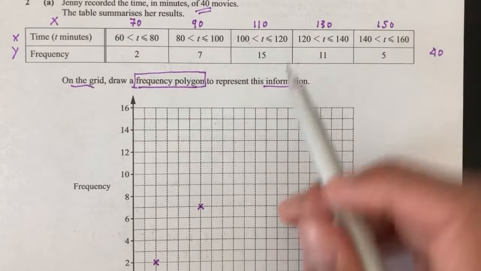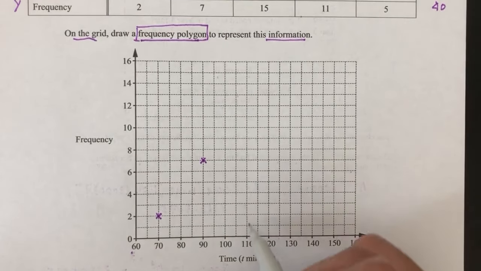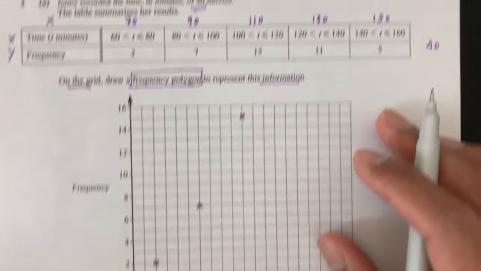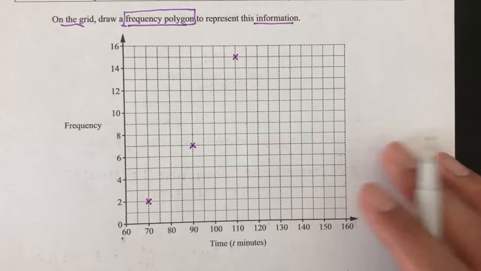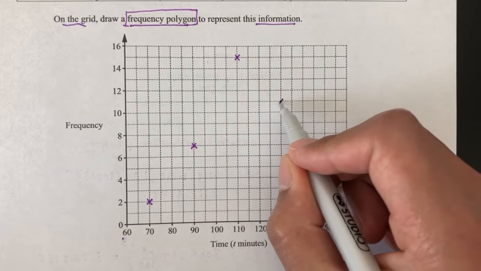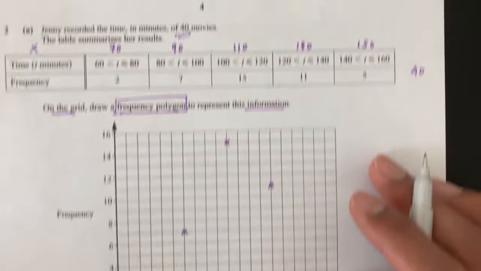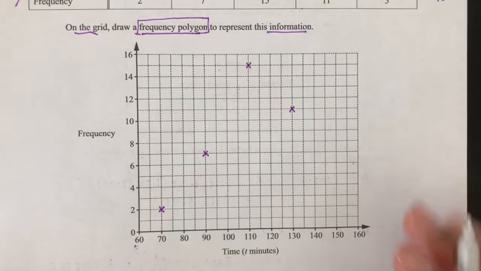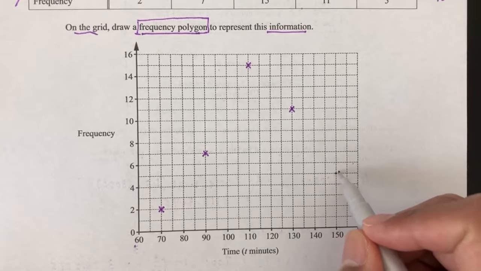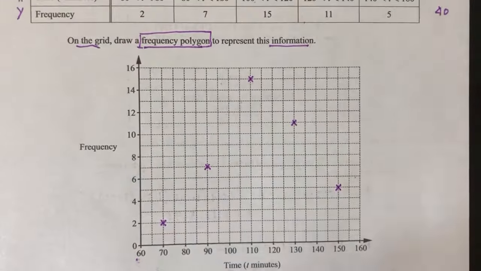Then we have 110.15, which will be about here. And we have 130.11, which will be on this point. And 150.5 will be on this point. So as you can see, those are the points.